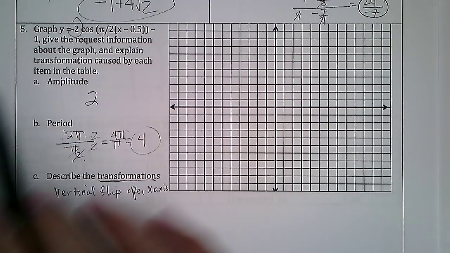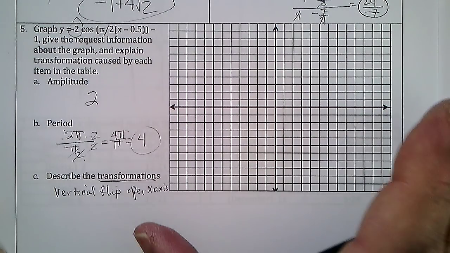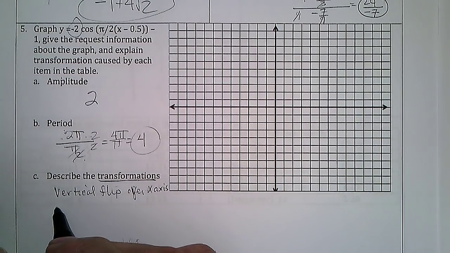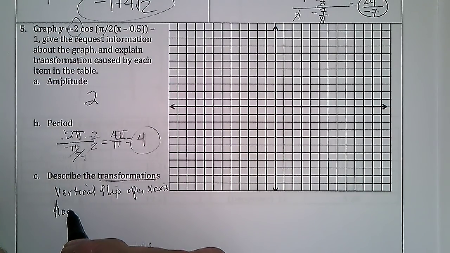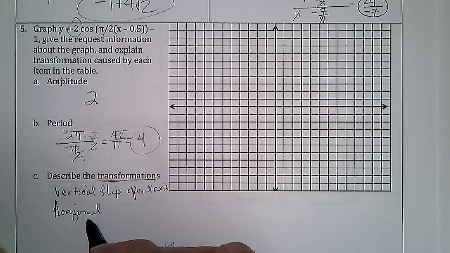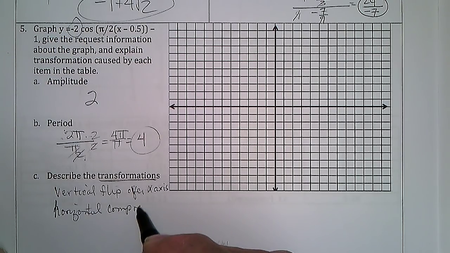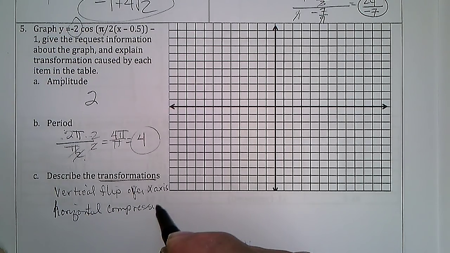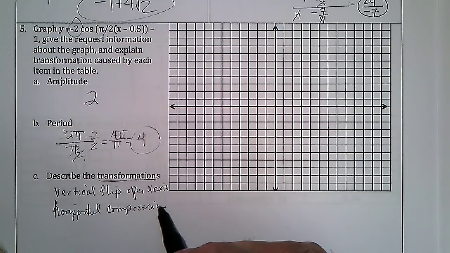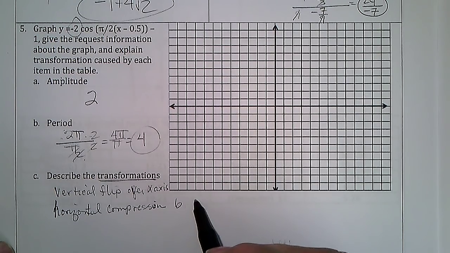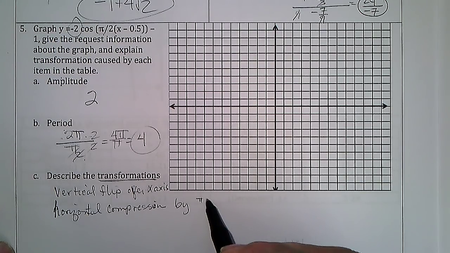The pi over 2, that's a little bit greater than 1, causes a horizontal compression by a factor of pi over 2.